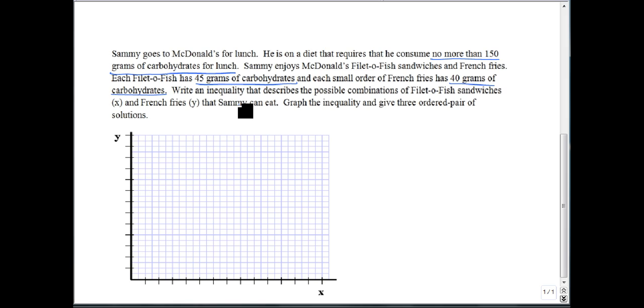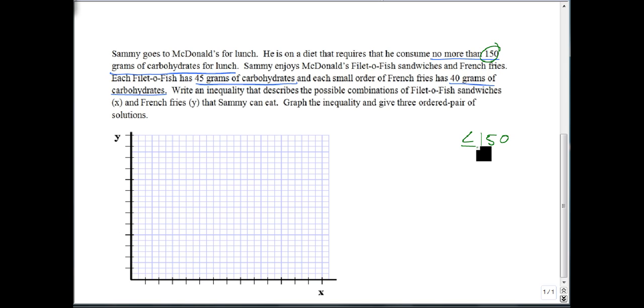So we're going to start by recognizing x is the filet-o-fish sandwiches and y is the french fries. So we know that he has a maximum of 150. So that's the highest it can get. So we're going to write that as a less than or equal.